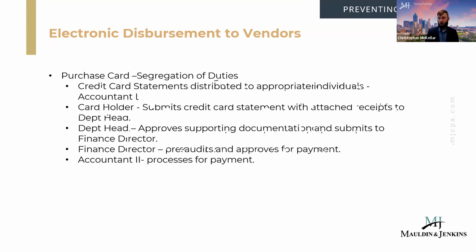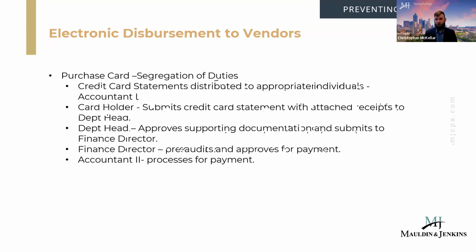Another thing is, if board members have a purchase card, making sure you have a process in place to review those with someone who isn't afraid to ask questions if there's something on the purchase card that they wouldn't expect.